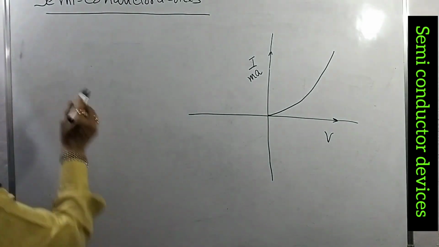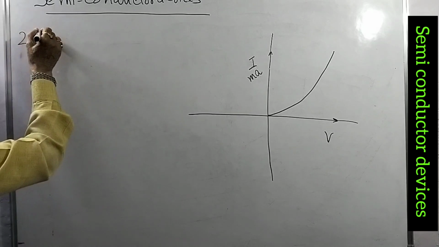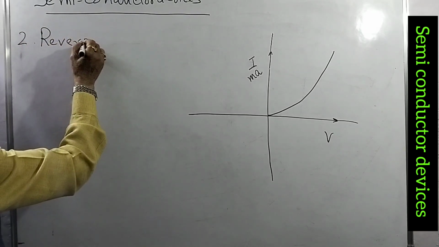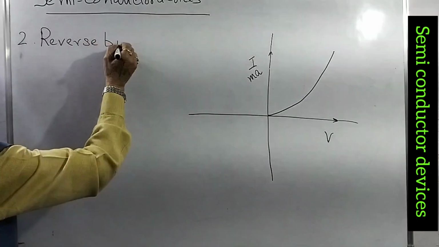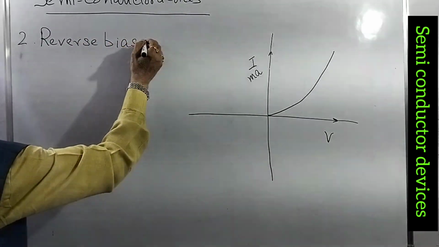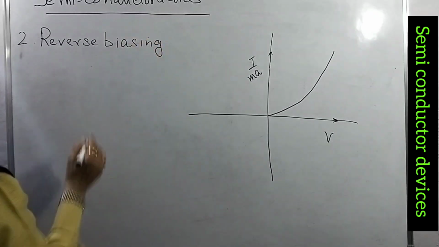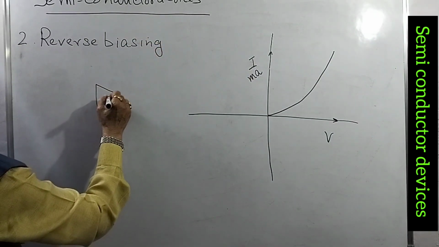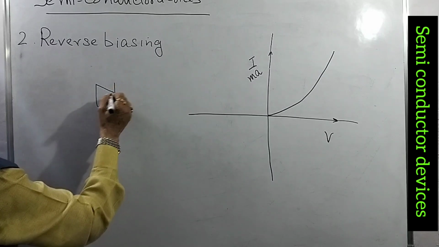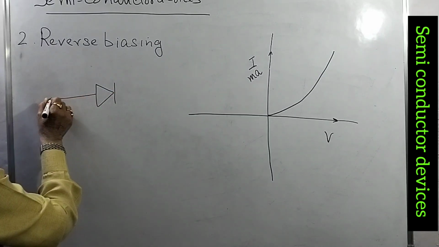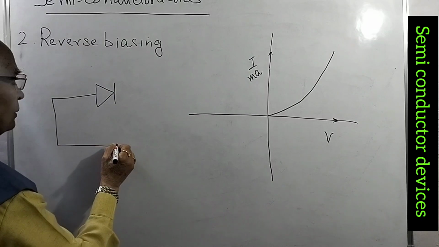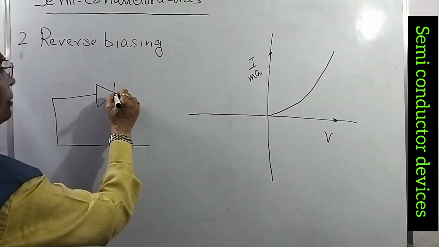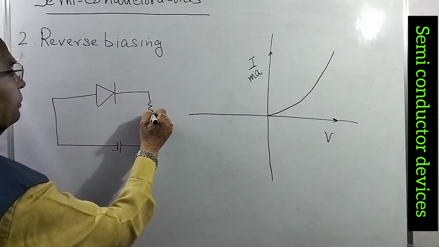Just opposite to this is the reverse biasing. What is reverse biasing? Reverse biasing means now you have connected the battery opposite: earlier it was positive here, now it is negative on this side and positive on this side, and we connect a similar variable resistance.